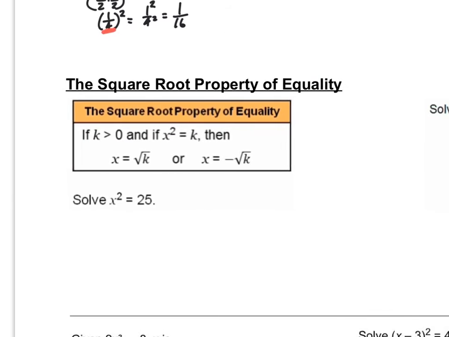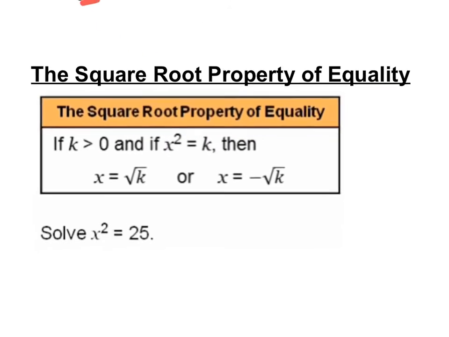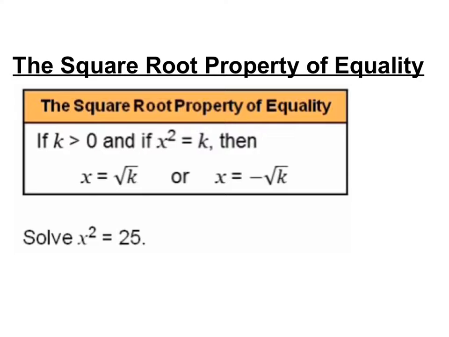And then once we get to this point, what I know is that if I have an equation where x squared is equal to some value, in order to solve for x, we take the square root of both sides. And what happens is when I apply the square root, we either get a positive square root or a negative square root.